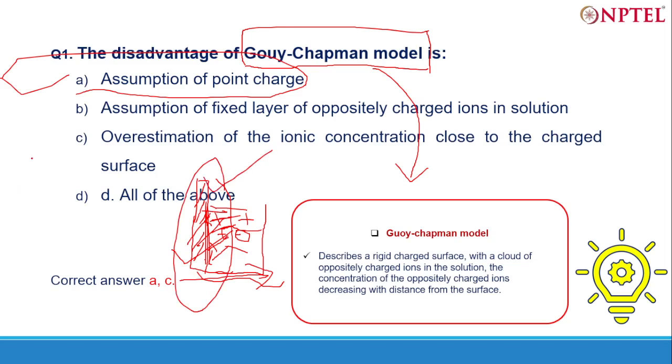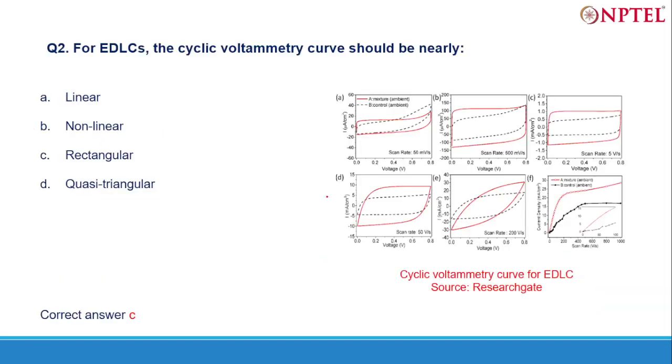That has to be focused on, because when we apply this model, it says that the oppositely charged ions will be very near to this surface only. So that's why it is important. Okay, Gouy-Chapman model. So you got the answer. The answer is A and the answer is C. So we reject D. Now we move to the next question.